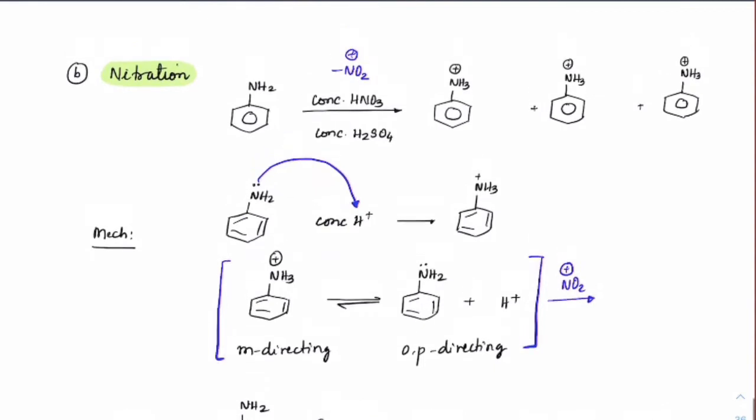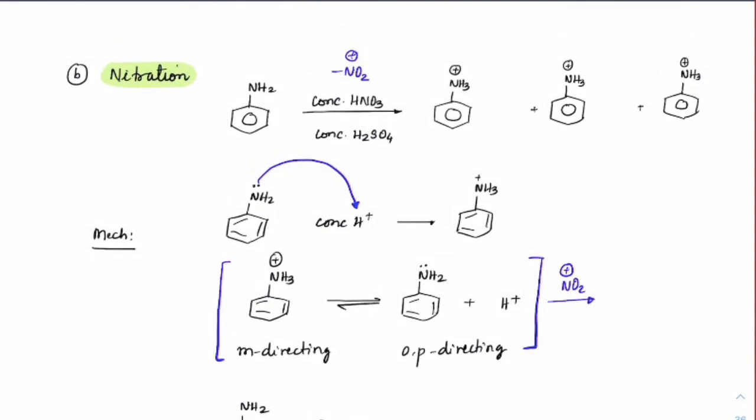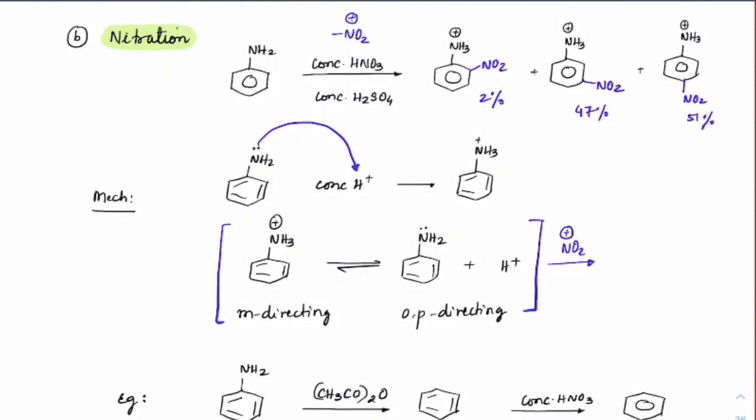So you can see ortho is around 2 percent, meta product around 47 percent and para product around 51 percent. For the meta product to become so significant is because of this deactivating nature. Everybody got that?